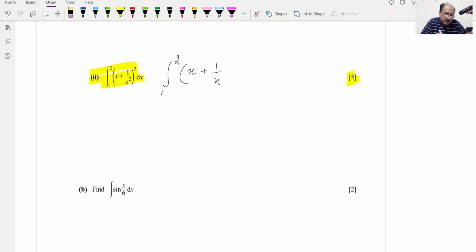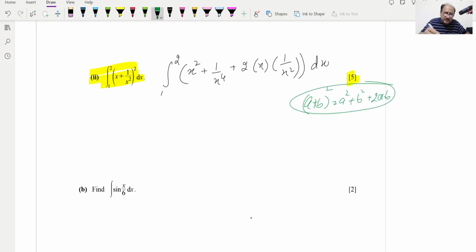A squared will be x squared, plus b squared will be 1 over x to the power 4, and plus 2 into x into 1 over x squared, which is 2ab, and then close the bracket, and this will be dx. What we have done is just open this square by the formula, and the formula is a plus b squared is equal to a squared plus b squared plus 2ab. We have utilized this formula.